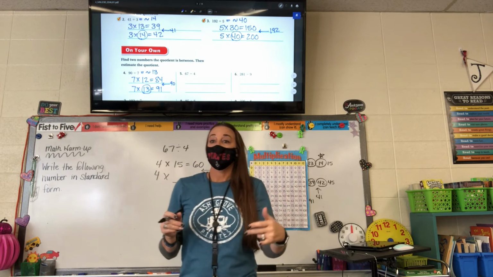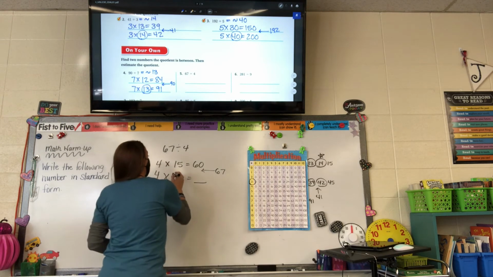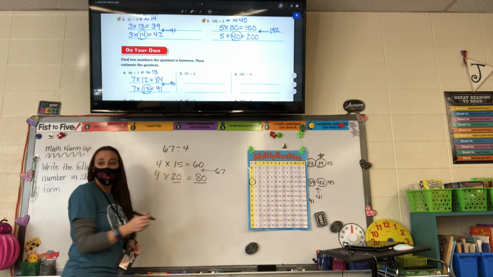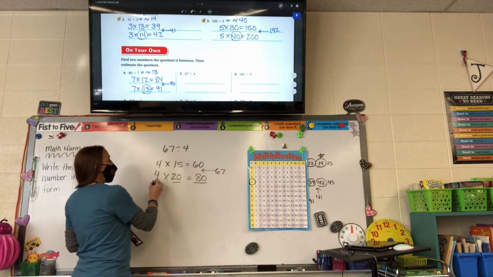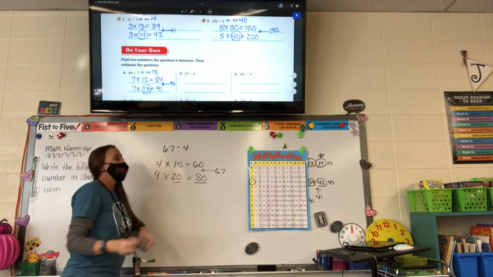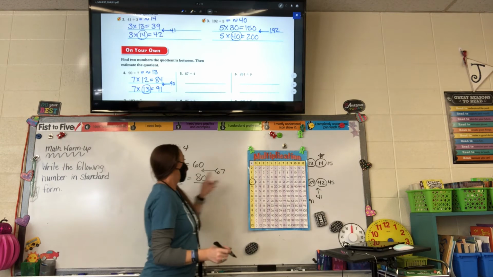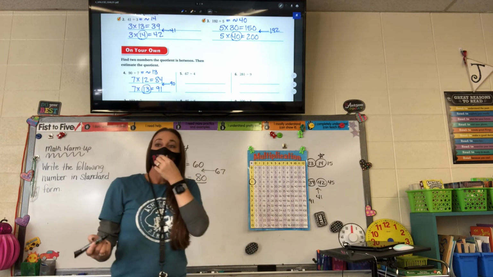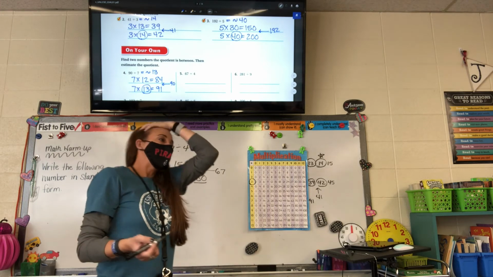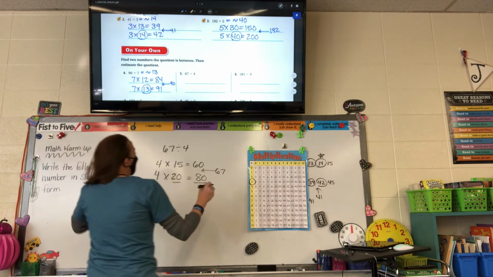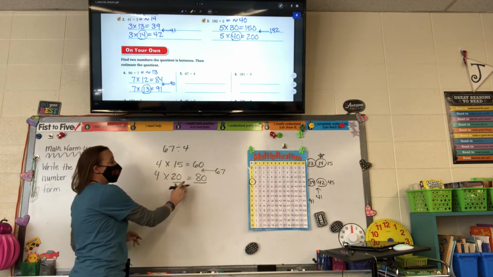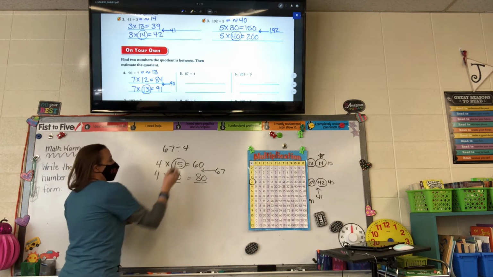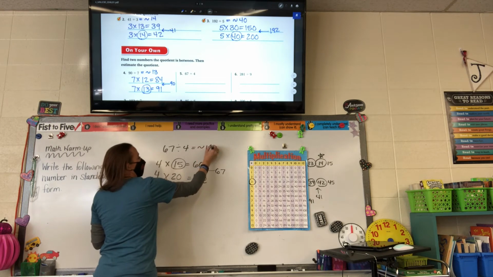Does that make sense? So we can put 20 here and go 80. 16 times 4 is 64, but you can also do this and it would work with 15, with our answer being about 15. Okay?